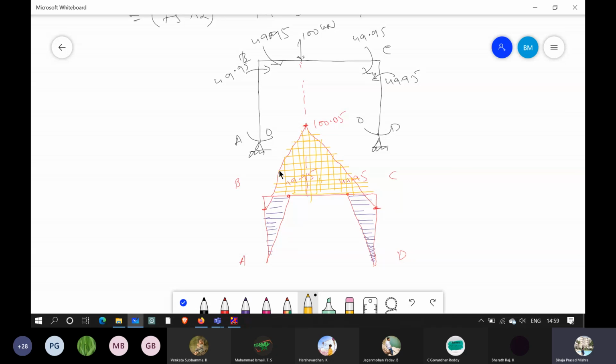Similarly, here it will be yellow, and here also it will be yellow in color. So this is the bending moment diagram for the frame that is shown above. This completes the moment distribution method. In the next class, we will start the Kani's method. I hope all of you have got this. Let me stop the recording.